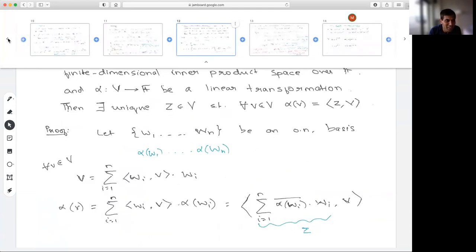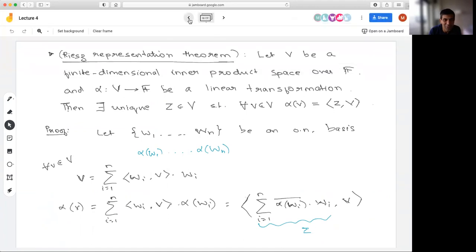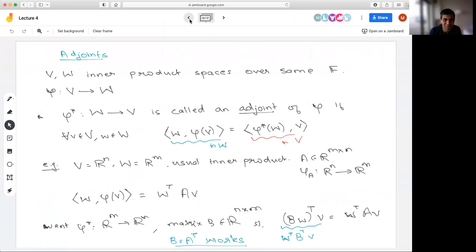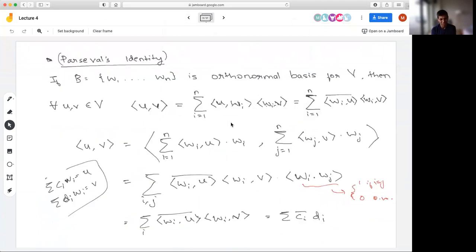Let's do it this slow way. Yeah, so just, I guess, in the line where you have inner product of UV, the line right under that, I didn't fully understand how it seems like you just added a conjugate to the inner product of WI and U.